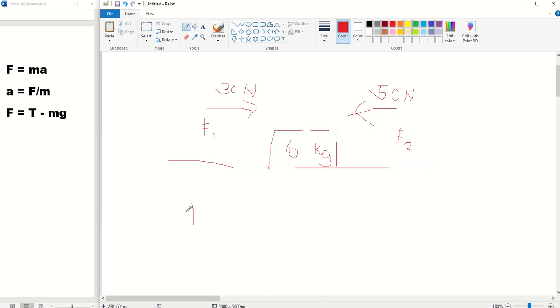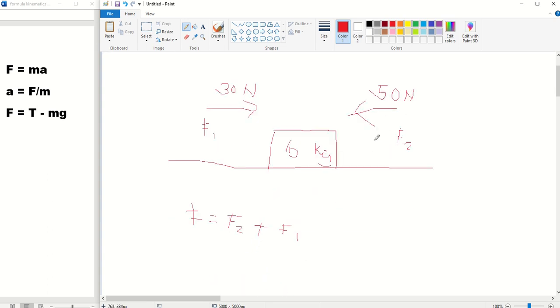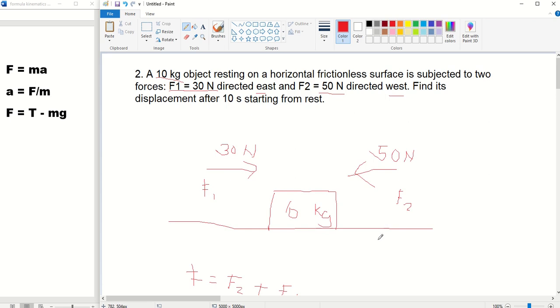Magiging ganyan. Yung force natin, equivalent siya sa force 2 minus force 1. So, ang 50 newtons, yan ang magiging negative since papunta siya sa left.